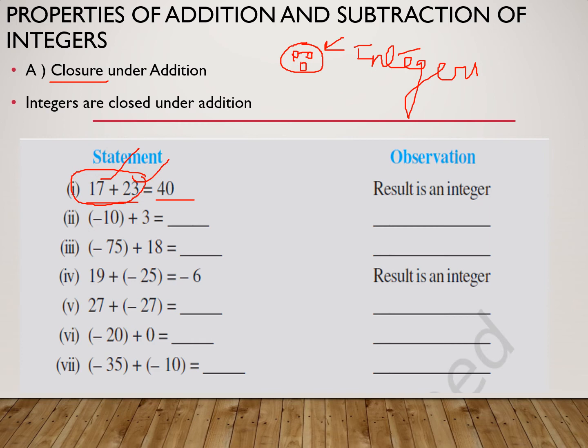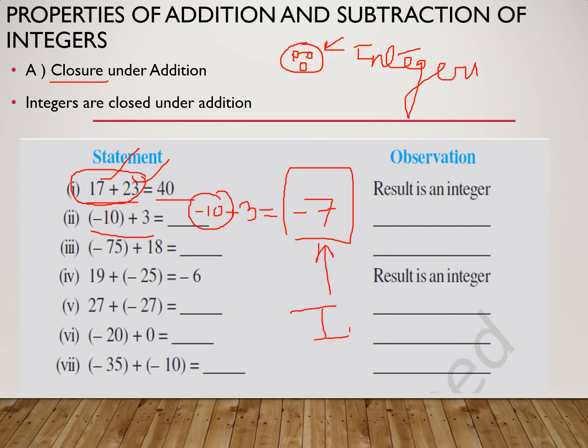Okay, similarly in subtraction you can take, this is minus 10 plus 3. When you open the bracket, it becomes minus 10 plus 3. We have read in the last lectures that when we have different signs, we subtract. 10 minus 3 is 7. And as the larger number is having sign of negative, so answer is also negative. If you see minus 7, what is minus 7?